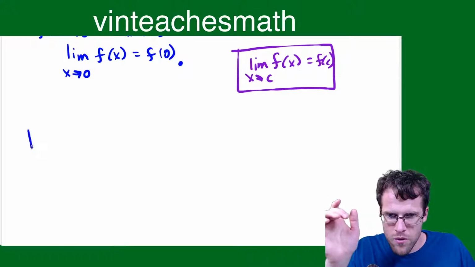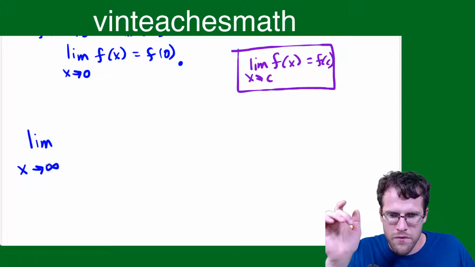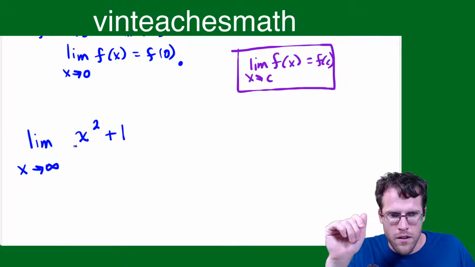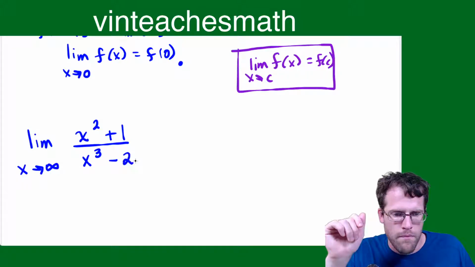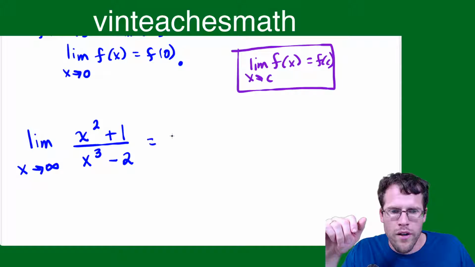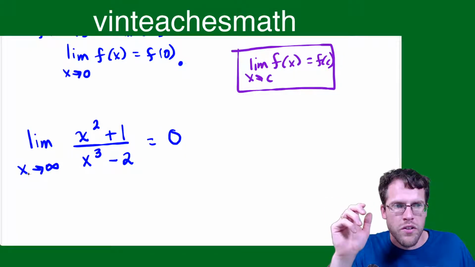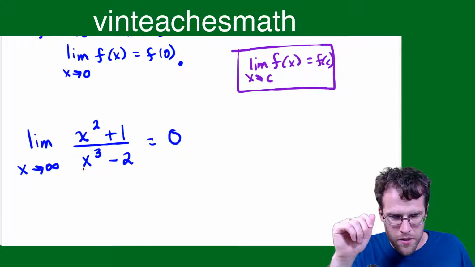So just know, if you had something like the limit as x approaches infinity of, let's say, x squared plus 1 over x to the third minus 2, I know right away this is 0 without thinking very much. And the reason is the denominator wins the race to infinity.